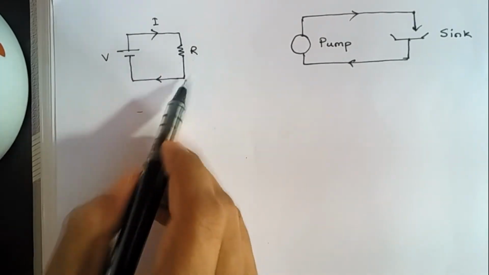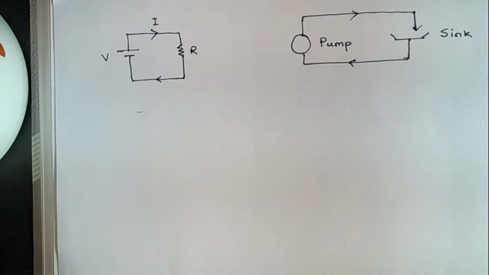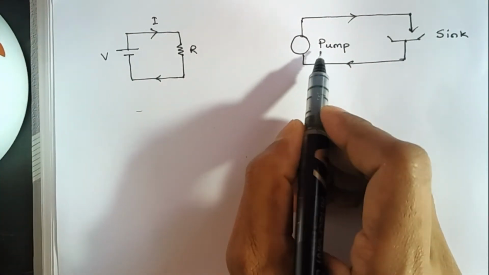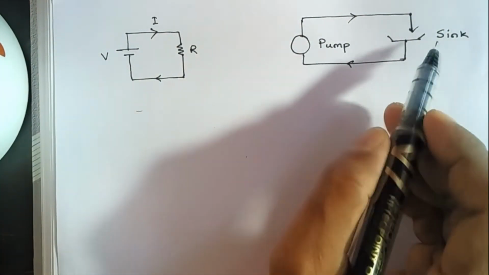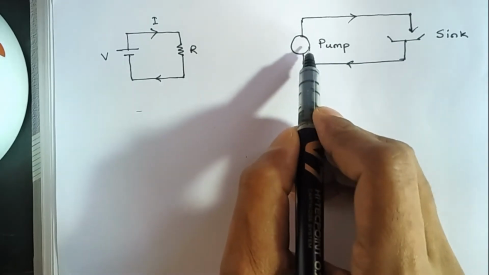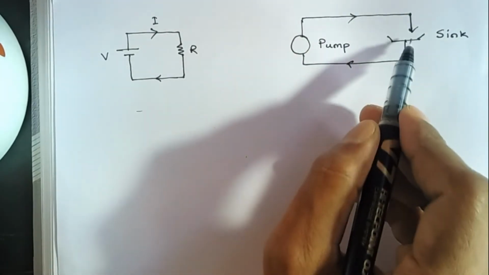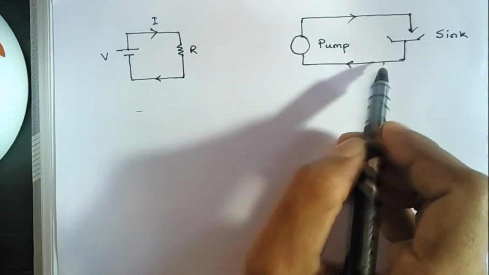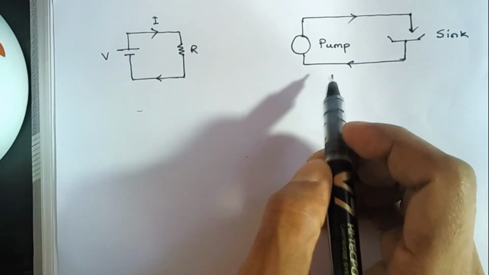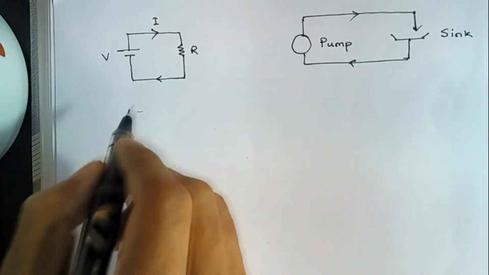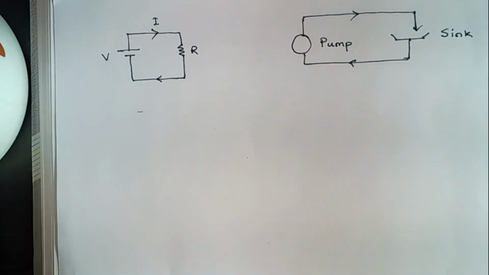The current flowing through the path is I. And here, this is a pump, a mechanical pump, and this is a sink. The water flows through a pump in this way and comes back to the pump through this way. Why have I drawn a pump? To understand the electrical system. Let's start.